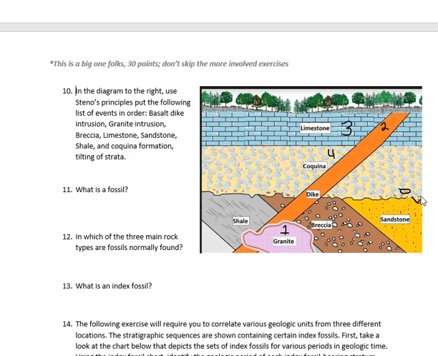There's cobbles of the sandstone in the coquina. That's an erosional surface. Therefore, there must be an unconformity there. Whereas this surface is perfectly flat, and that's probably a conformable surface. So assuming that these were just tilted, there's an unconformity.